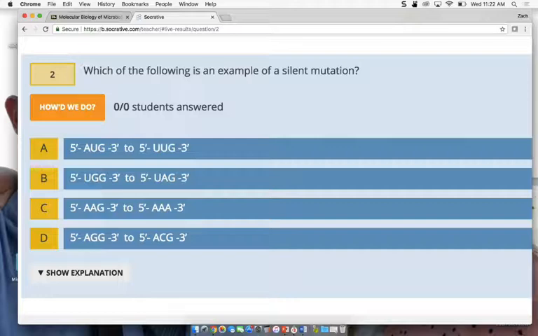What does B represent? So what does UGG encode for? Tryptophan? Okay.